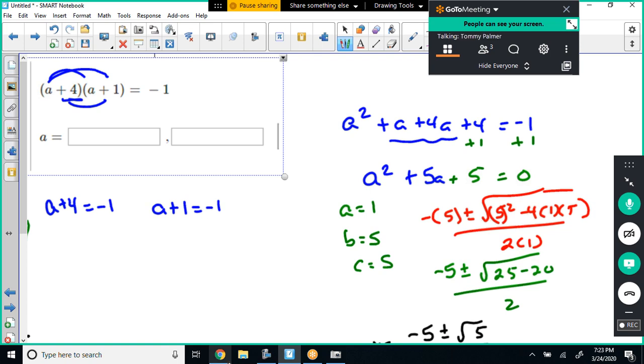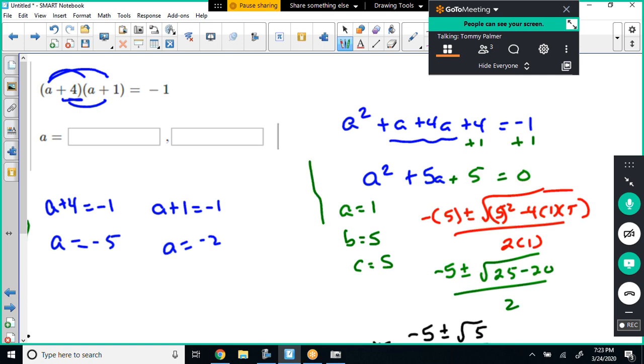Setting each factor equal to -1, because if we were to do that, that would give me -5, and that right there would give me -2, right? So this option is not going to be an option, okay? You cannot do that. It's only when you have them set equal to 0 that you can do the zero property.